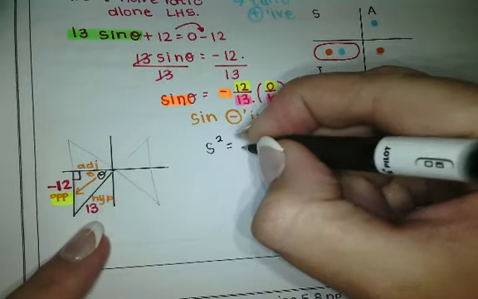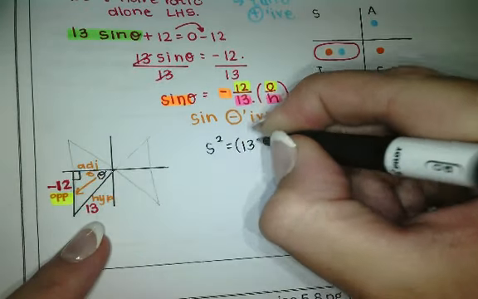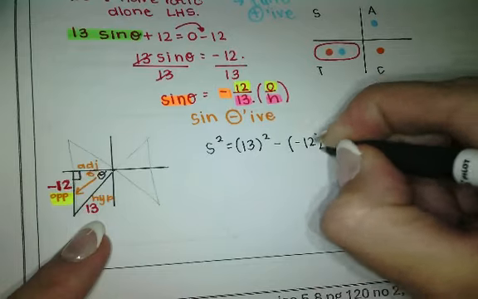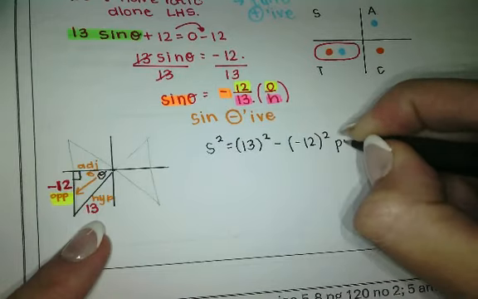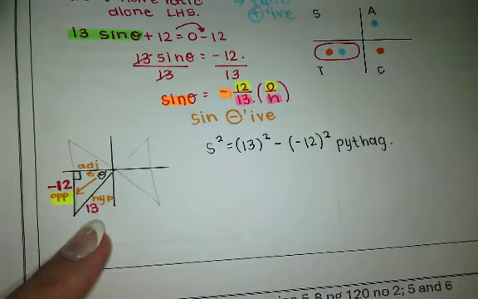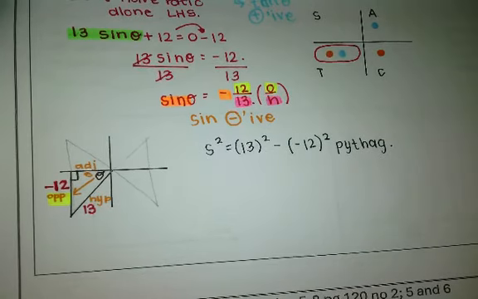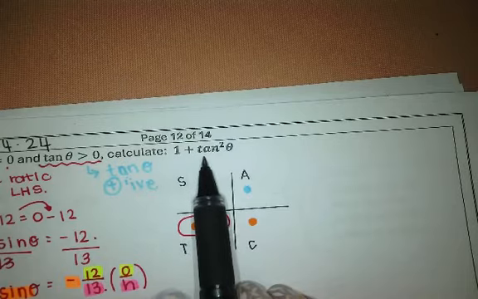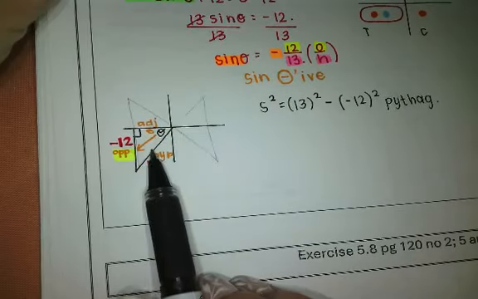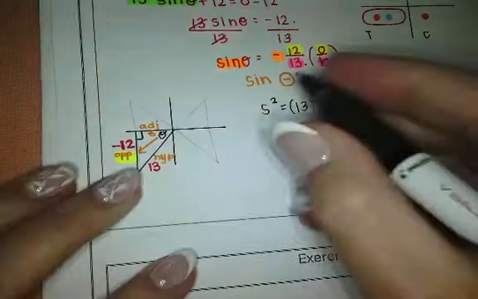Okay. So, side squared is equal to 13 squared minus negative 12 squared. And we use Pythagoras. Now remember, the whole point of us doing this is because what the actual question is asking us, we need this third side.